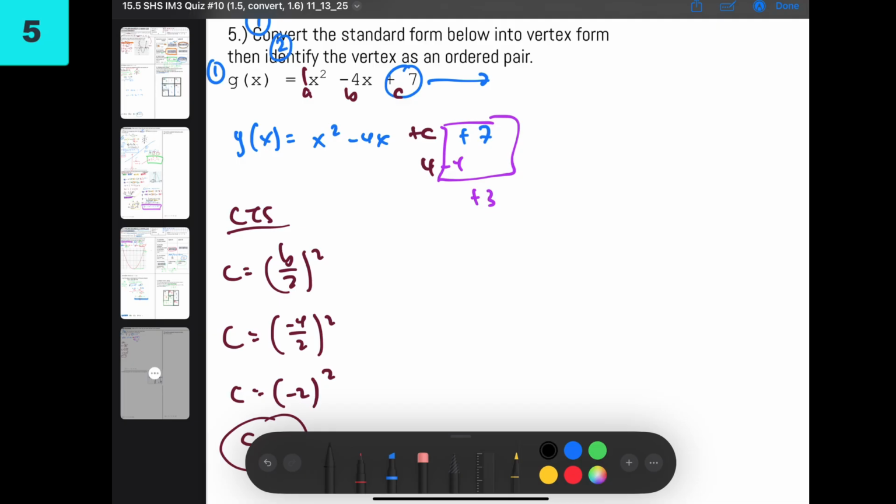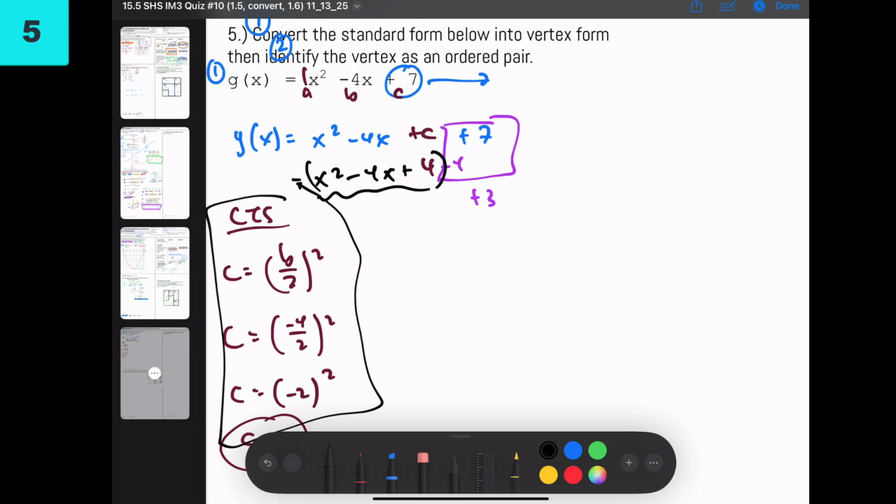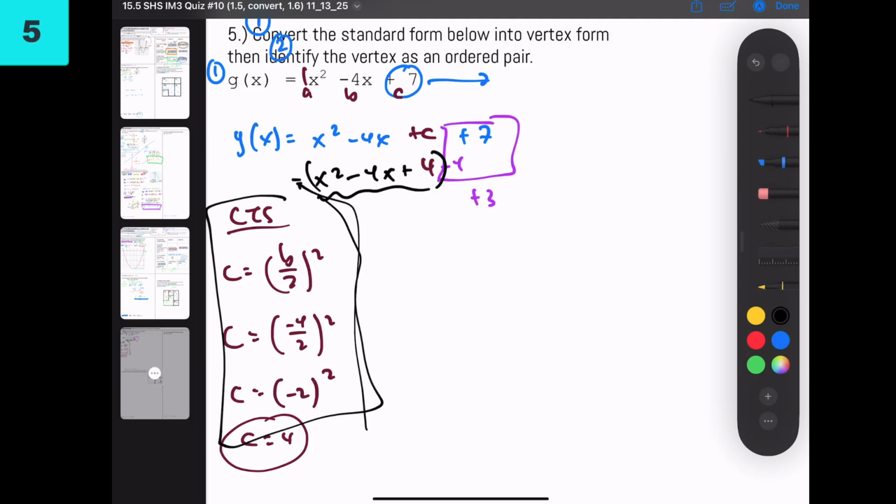So over here will come x squared minus 4x. So we can separate that. We can factor that. B value is -4. Two numbers that multiply, but the same two numbers add, that'll be -2 and -2. A lot of you guys were missing factoring here.